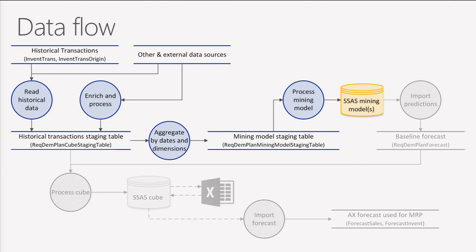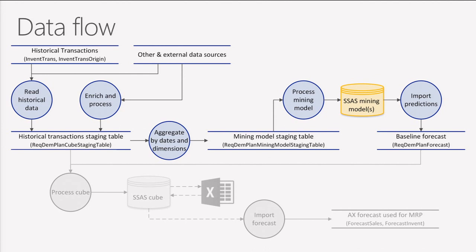So when processing of the mining model is done and the mining model has learned how the data looks like, we can import the predictions that have been generated within the mining model. And all those predictions, so the future forecast, is put into the RegDemPlan forecast table.